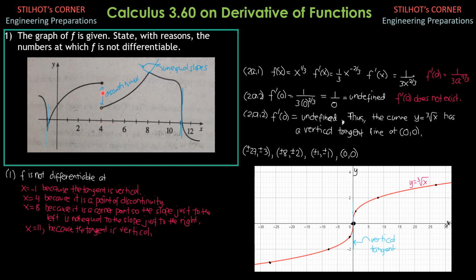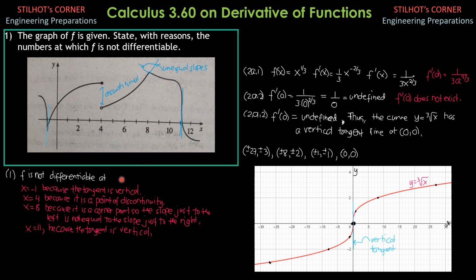At x equals 4, obviously there is a point of discontinuity. So x equals 4 is a point of discontinuity and the function f is not differentiable there. Then at x equals 8, it is a corner point. The slope just to the left and just to the right are unequal.